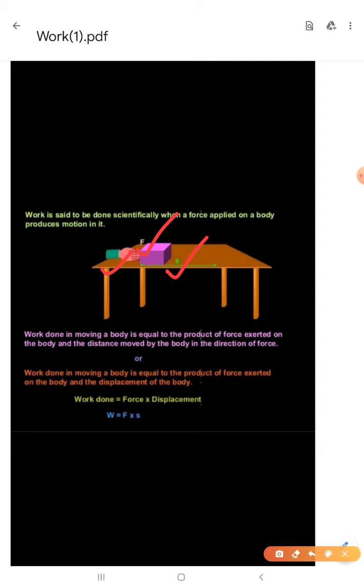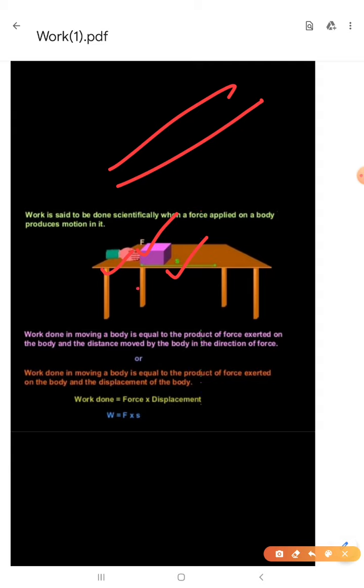If a body is applying force and the body is not moving, it means there is no work. And if there is no force on a body and the body is displacing, because from Newton's first law of motion we know that if a body is moving, then it keeps moving, it means there is no work done. For work to be done, there should be force applied and there should be displacement.